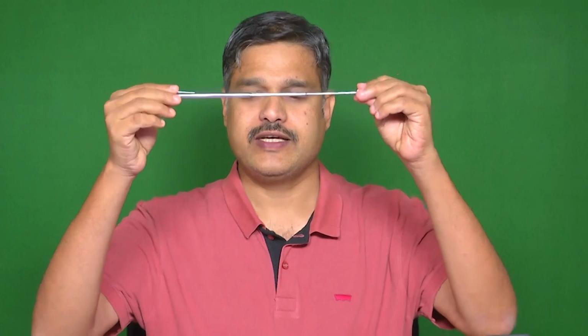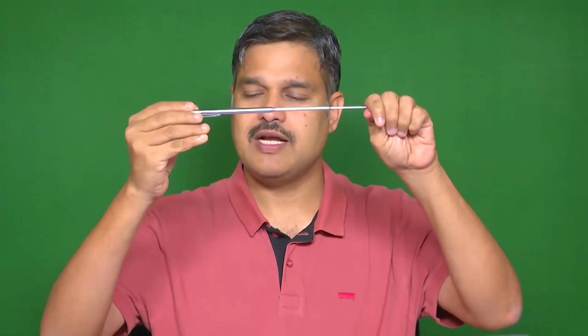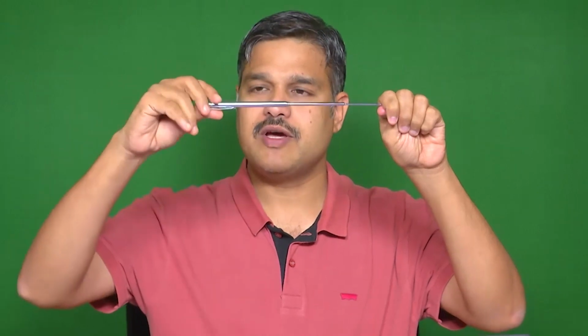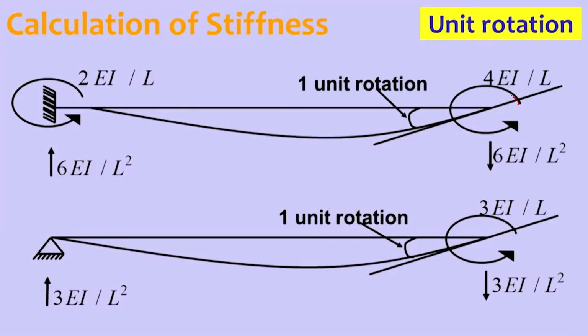If I take a member, fix it on one side and apply rotation on the other side, the moment required to produce 1 unit rotation at this end, with the far end fixed, has a stiffness coefficient of 4EI/L, and half of that moment is transferred to the other end, 2EI/L.